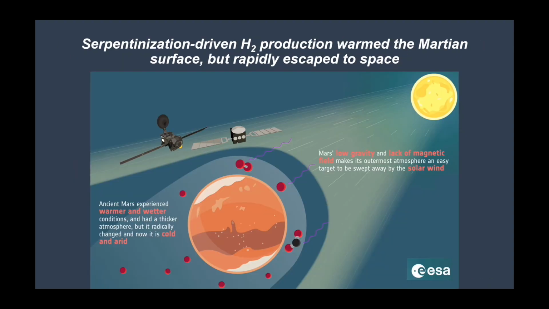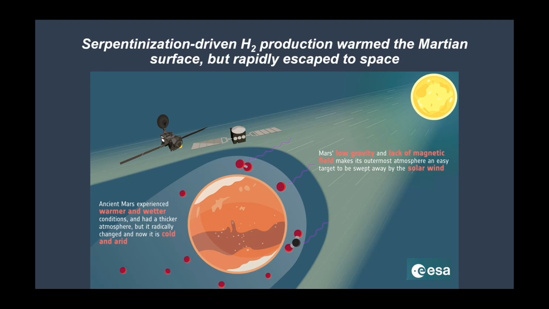So what ultimately happened to the Martian surface? Why doesn't serpentinization continue to fuel a warm, wet Martian surface today? What has happened is ultimately that Mars's gravity is much lower than Earth's, and it also has a lack of magnetic field. And so the solar wind is just constantly stripping its atmosphere off into space. So as we generate hydrogen, it ultimately builds up in the atmosphere.